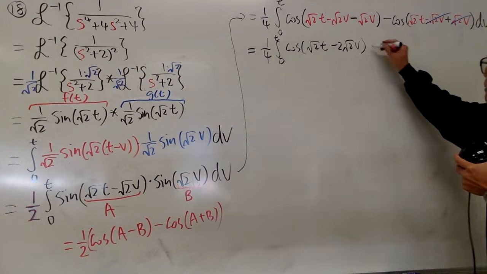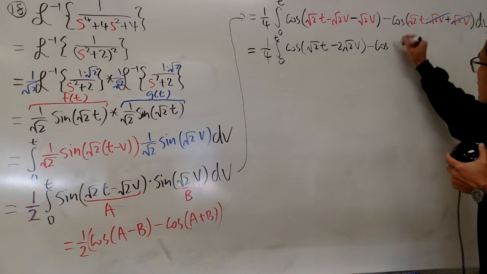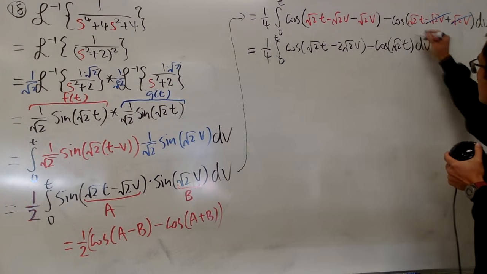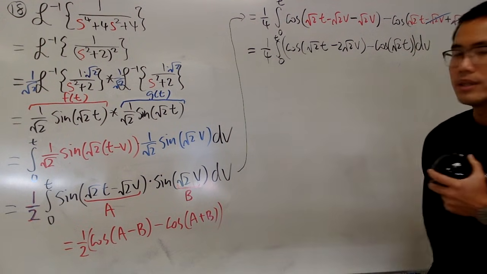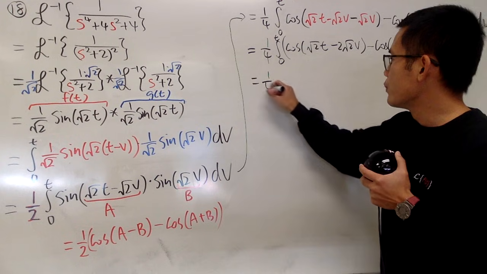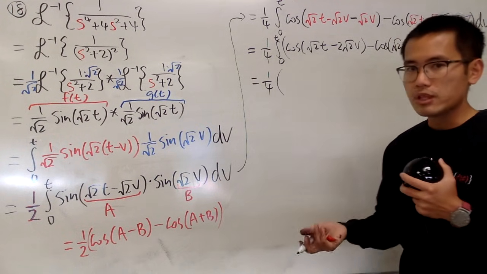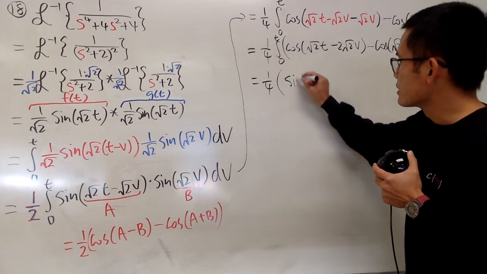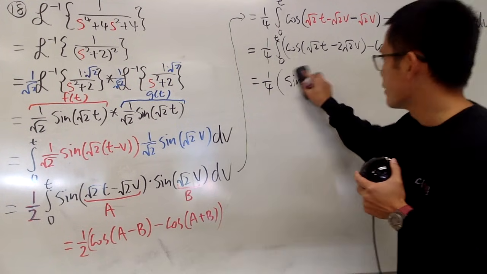So we get minus cosine square root of 2t d phi. We are ready to integrate. So here we go. We have the 1/4 in the front. Put down the parentheses for the result of the integration. Integral of cosine is positive sine, so that's good. So we have the positive sine right here.